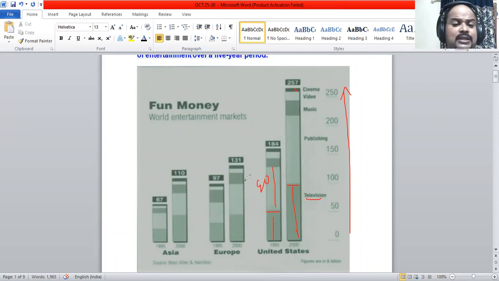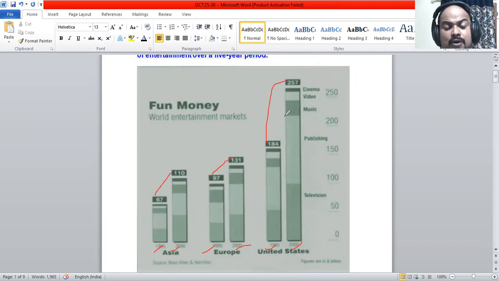Now we have to see the trends here because it's a moving chart. 1995, 2000. You can see the spending increased for all the countries, all the regions. The entertainment market grew in almost all the countries, almost all the regions.